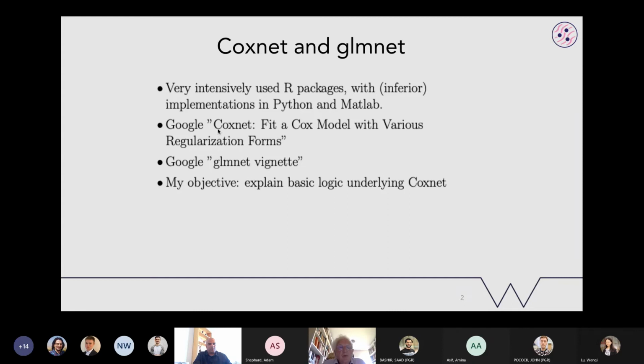For more information, I refer you to Google: Cox-Net, fit Cox model with various regularization forms, and I'm particularly going to talk about regularization and also this GLM-Net vignette. They have vignettes in R, which describe how programs work.